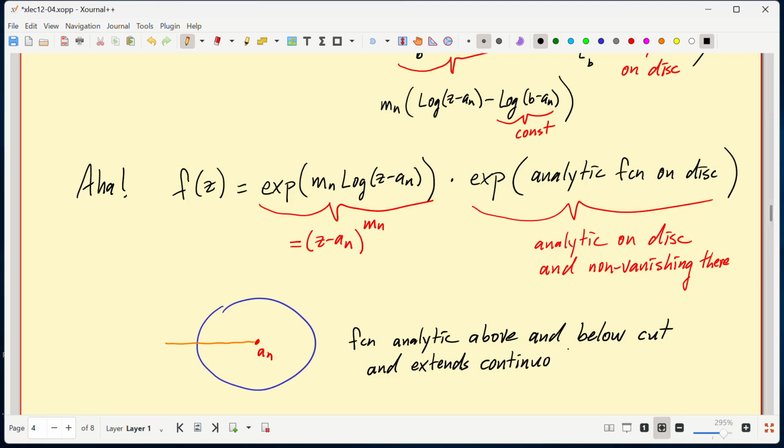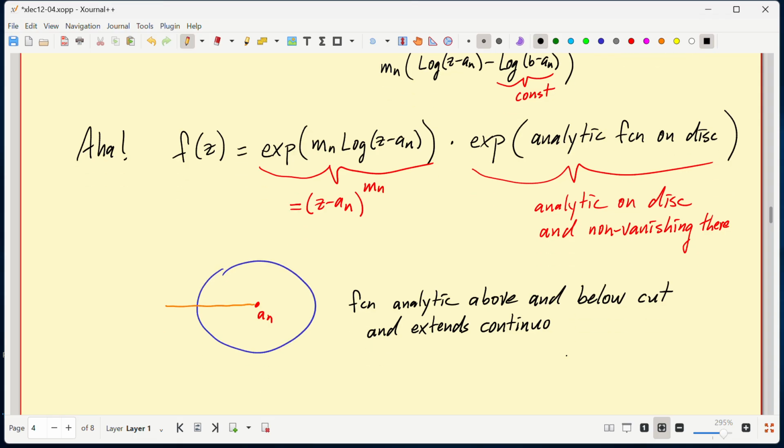That's where I use the Morera theorem to show that f is actually analytic across the cut. The Morera trick argument that I showed you before implies the cut is removable.